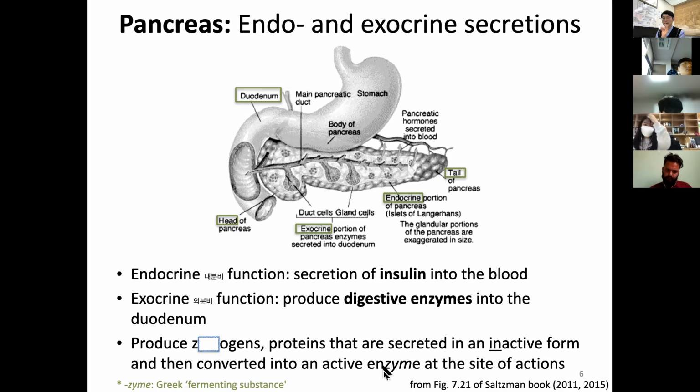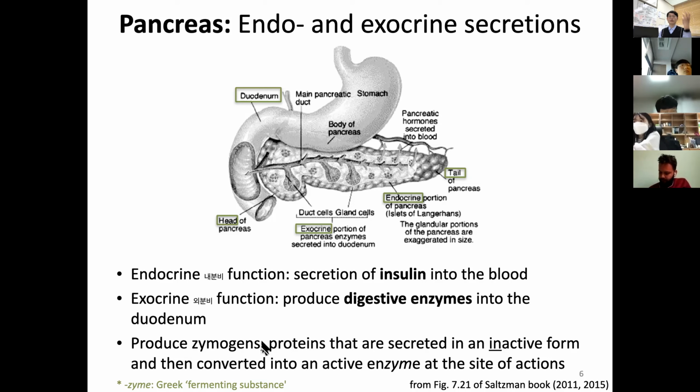The word enzyme actually means fermentation, okay? Because in fermentation, we use a lot of enzymes. The pancreas produces zymogen. This zyme comes from enzyme, and ogen is a precursor, okay?